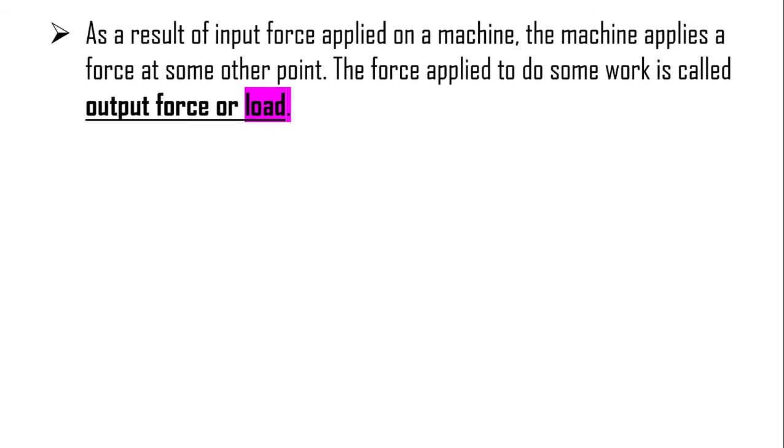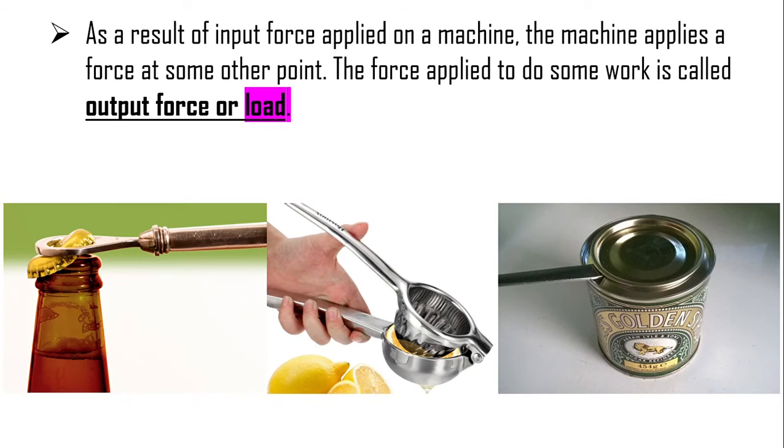Now once we apply the force on the machine, we are applying a force on this tool, for example over here, in the downward direction. Then this machine, or this tool, applies a force. Over here, if you see, it is applying some force.